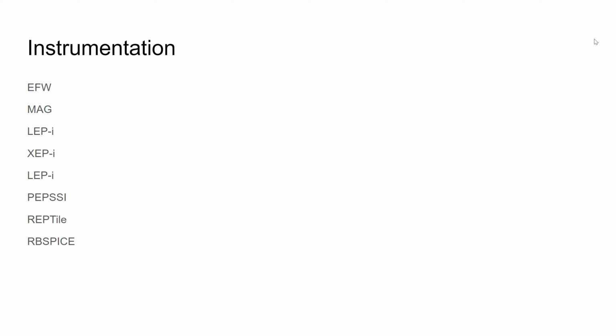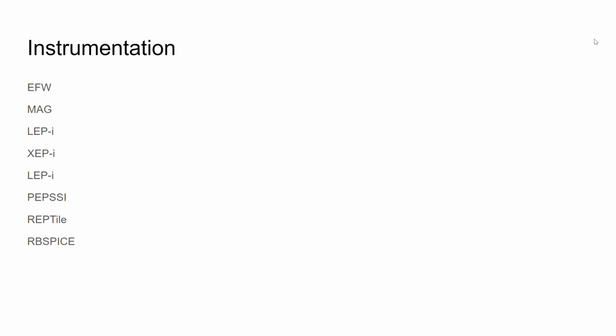We will now talk about instrumentation. This is a list of the instrumentation we will use in our satellite. Firstly is the electric fields and waves, cluster spin plane boom, and then the MAG, which is a magnetometer. Next is the low energy particle experiments, which is an electron analyzer. Next up is the extreme high energy electron experiments.